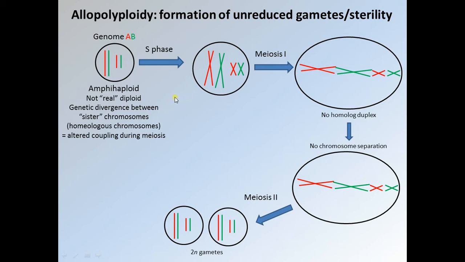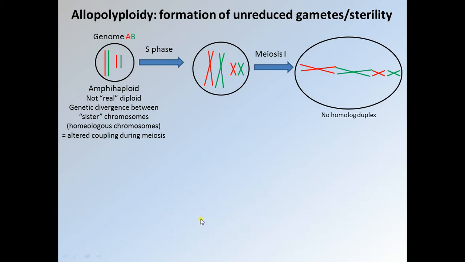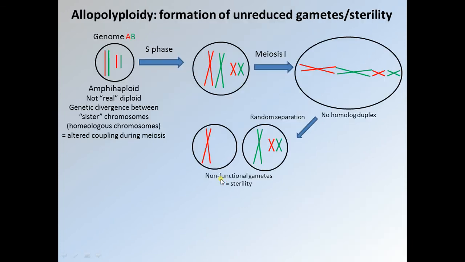The reason is that during metaphase 1 you won't have any duplex between homeologous chromosomes. They won't pair, which means they won't separate, which can lead to unreduced gametes, but can also lead to aneuploidy of the gametes, because the chromosomes won't segregate properly, and then they will be sterile.